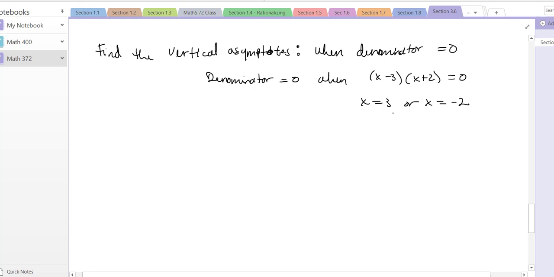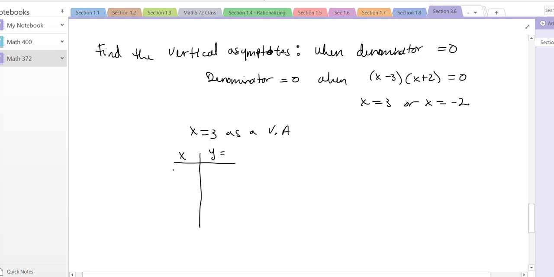If I'm not sure, I'm looking at x equals 3 as a vertical asymptote. You can do a table of values to see what the y values are doing as x approaches 3, where y equals our function.